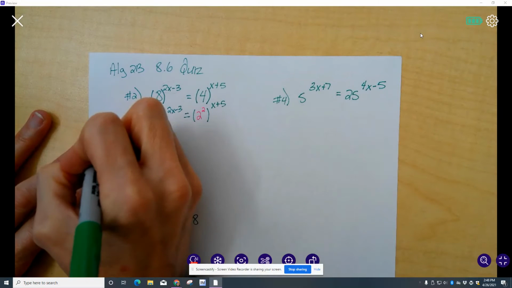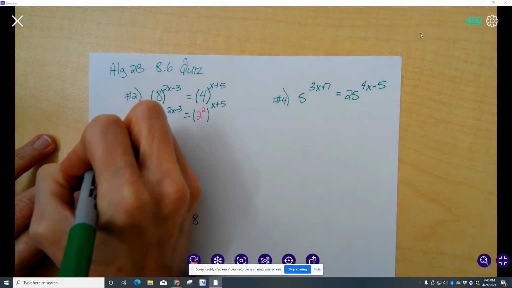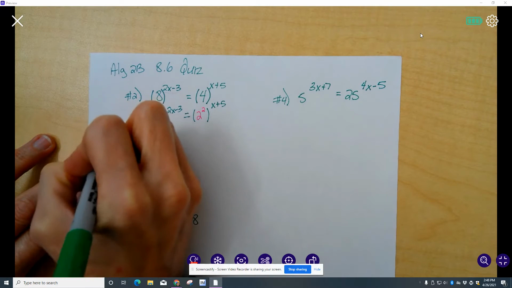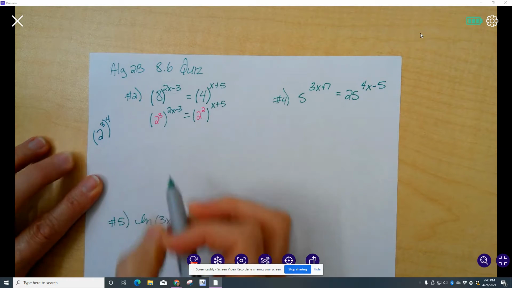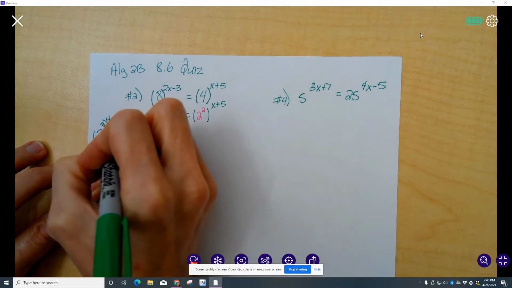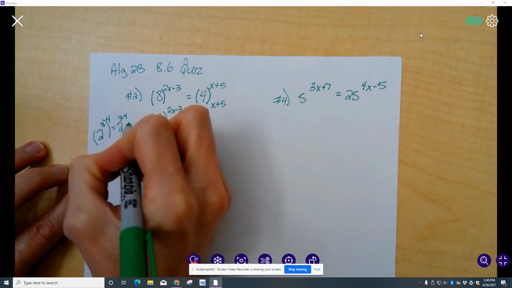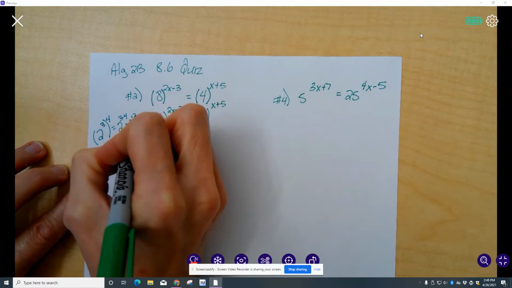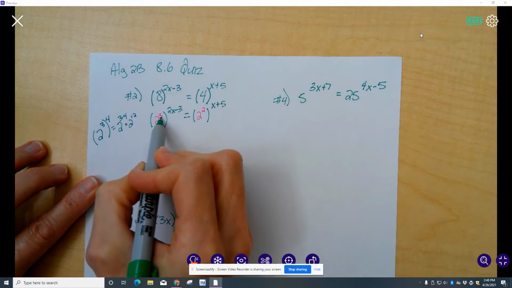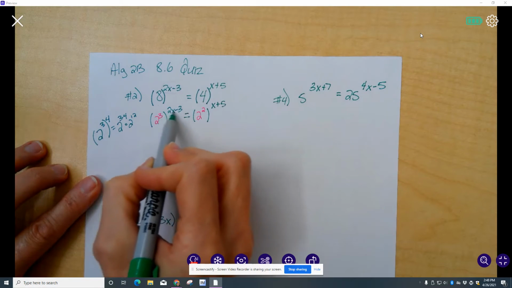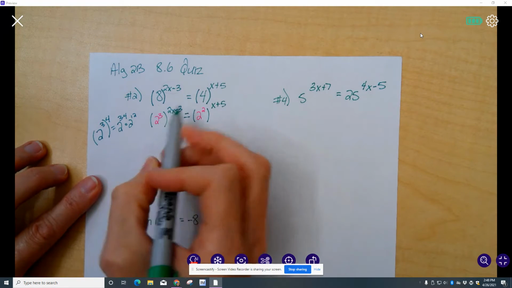My exponent rules say, for example, if you have a power raised to another power, you multiply your exponents. So this would be the same as 2 to the 3 times 4, or 2 to the 12. So I have a power raised to another power, so I need to multiply these two exponents.